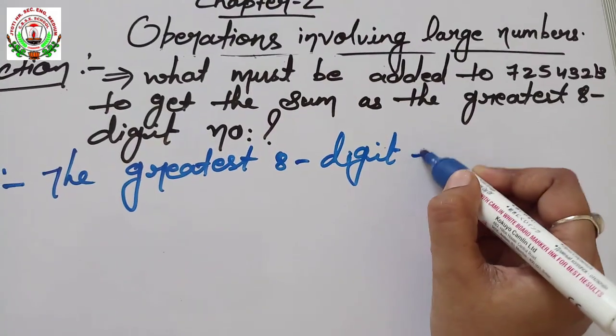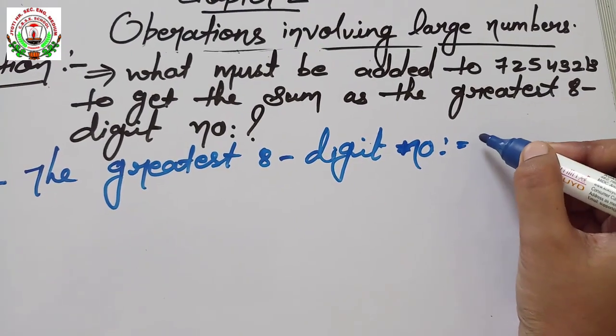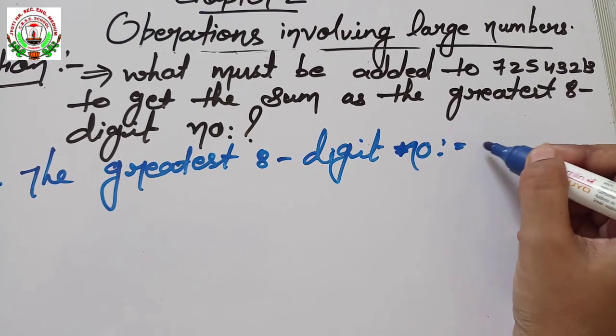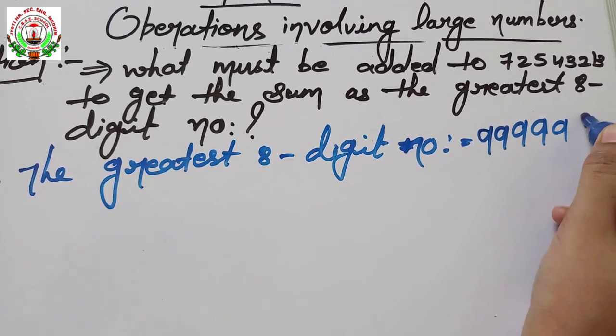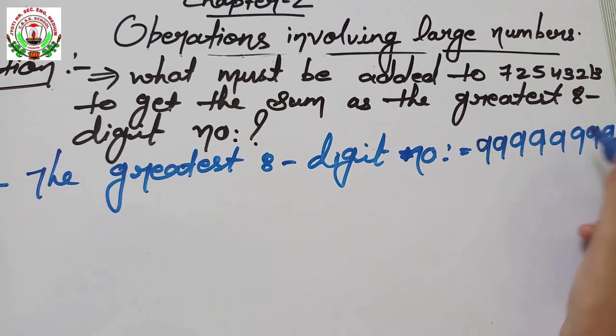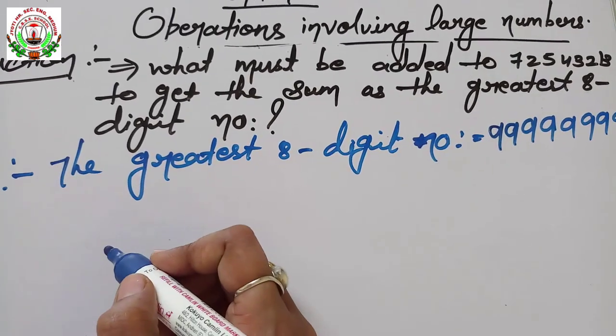This greatest 8-digit number I told you in my first video: 1, 2, 3, 4, 5, 6, 7 and 8. Eight 9s is the greatest 8-digit number.